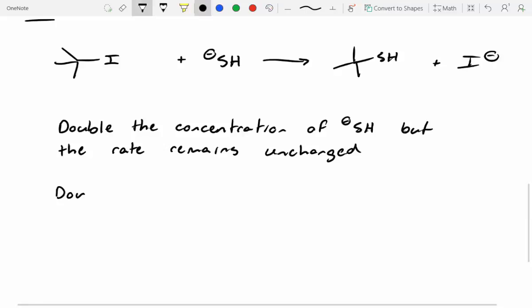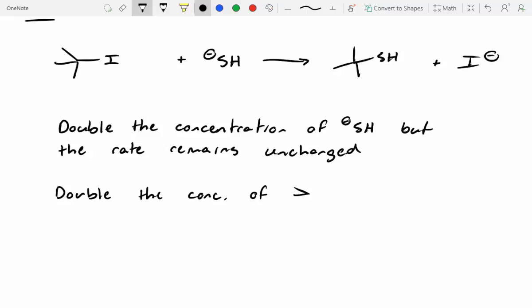However, if I double the concentration of my other starting material, the rate doubles. Let's try to come up with some sort of rate equation to explain what's occurring here.